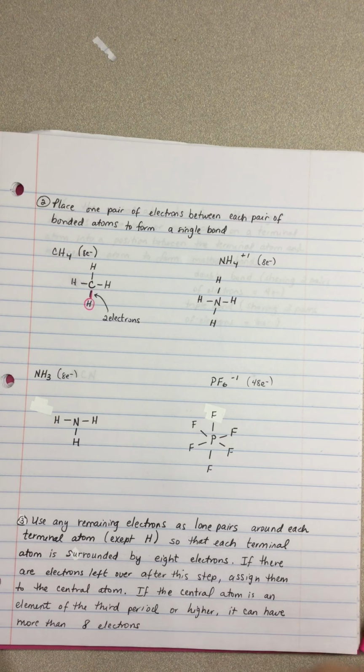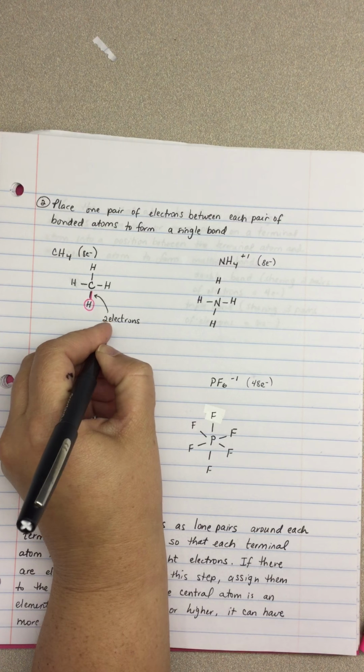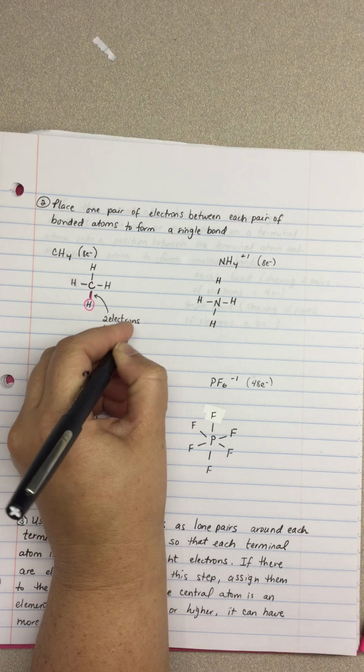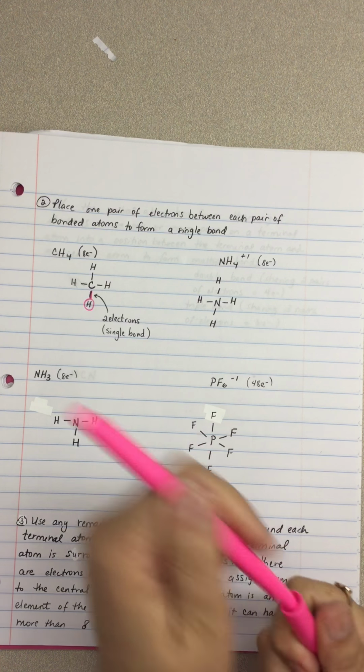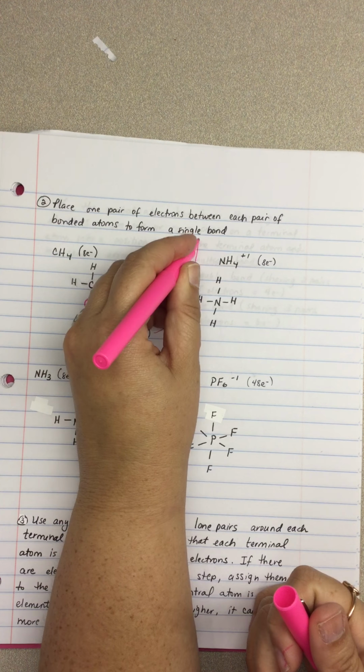So every time we want to put 2 electrons between 2 atoms in a compound, we're going to use a line, and that's 2 electrons, and that line is known as a single bond, which is what I have right here.